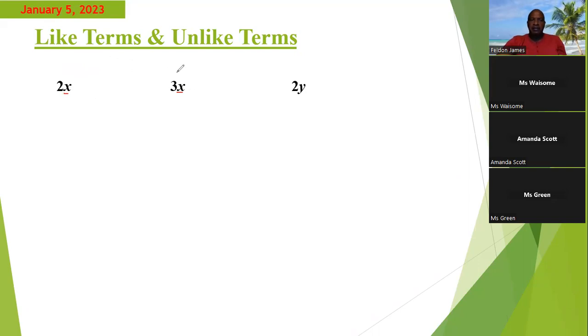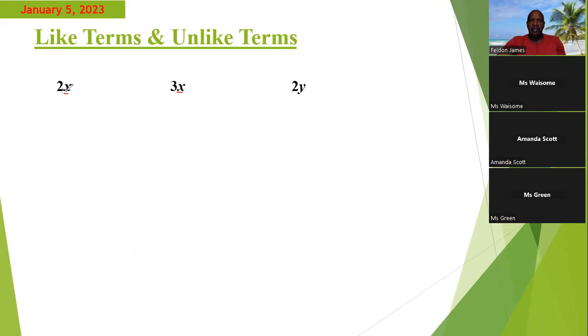If we go back to our first table, we see that a term can be the product of 2 letters. So if you have terms that are either a single letter by itself or a product or a quotient that are the same, we call those like terms.